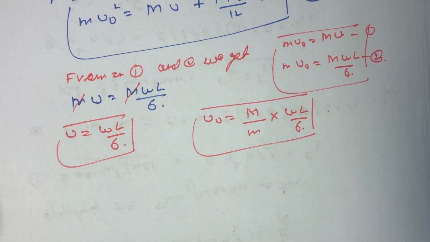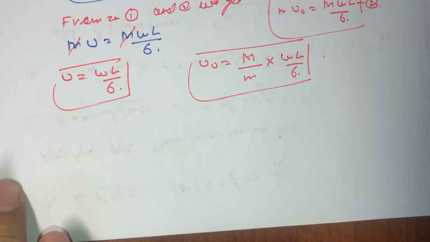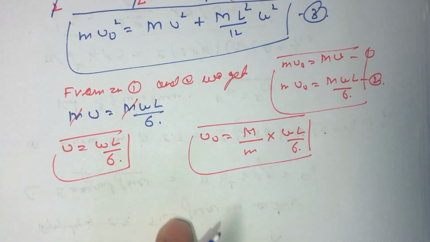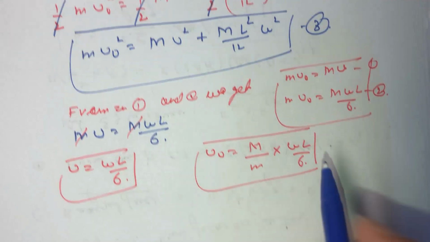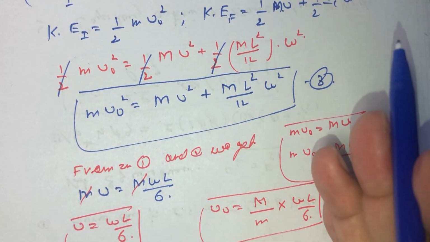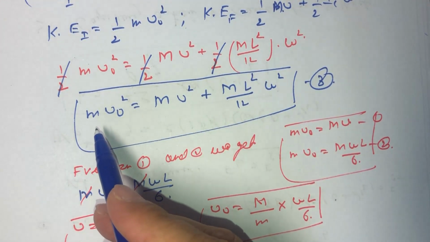So we found out v and v naught, and therefore we are going to use equation number 3 now. And equation number 3 is, we are taking m common from equation number 3 on the right side and taking it ratio to the left side.